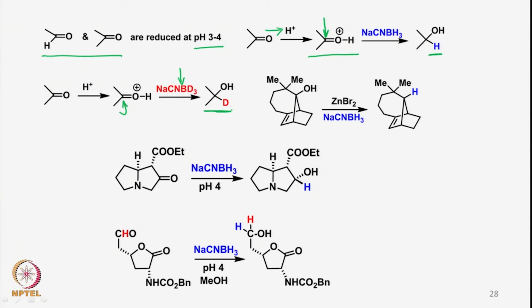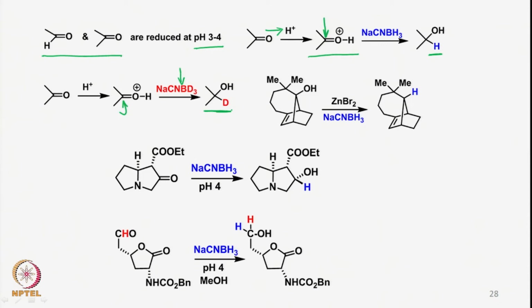Now, in all these cases what we have seen is that we have introduced the acid to the reaction medium in order to increase the electrophilicity of the carbonyl group. We can also utilize the nature of sodium cyanoborohydride, which is stable under acidic conditions.